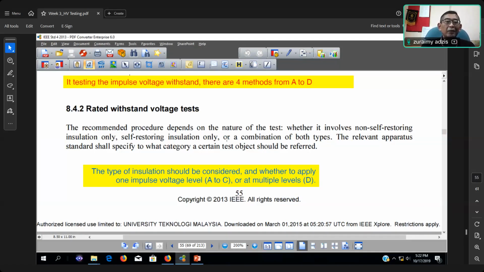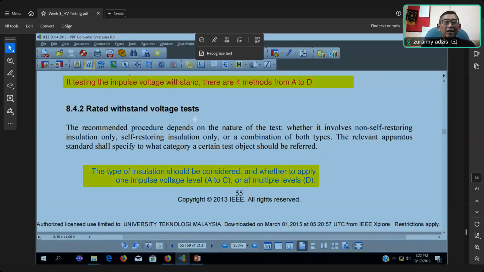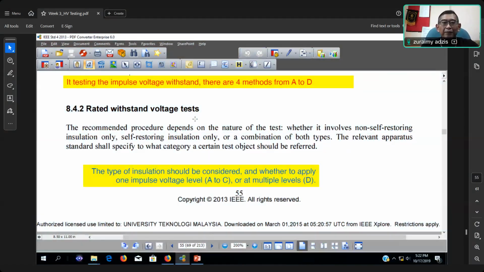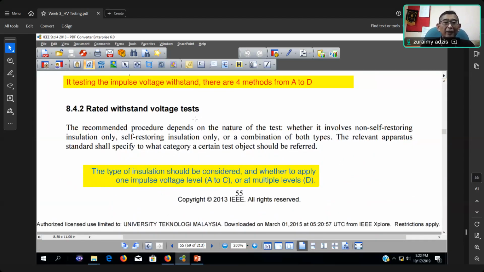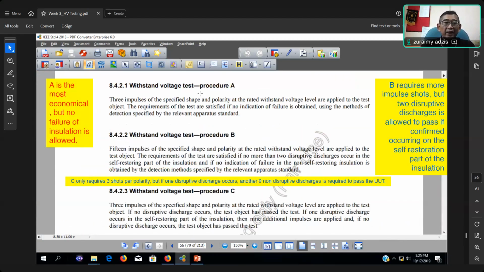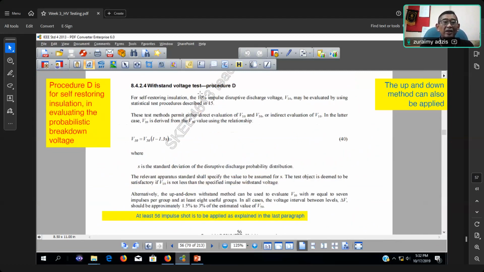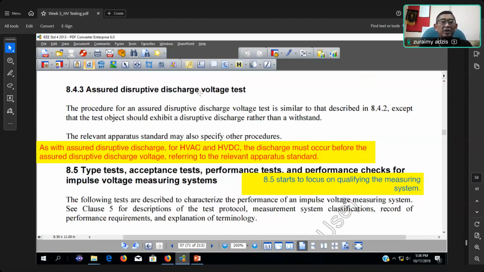But the tricky part is that when you want to do the rated withstand voltage test, you will find out later that there are 4 types of procedure for you to choose, A, B, C, and D. And finally, again, is the assured disruptive discharge voltage test.